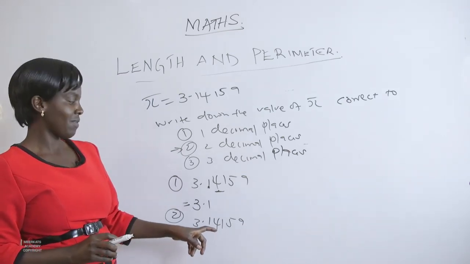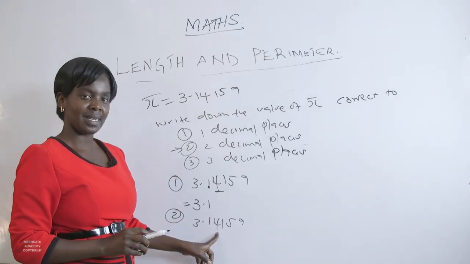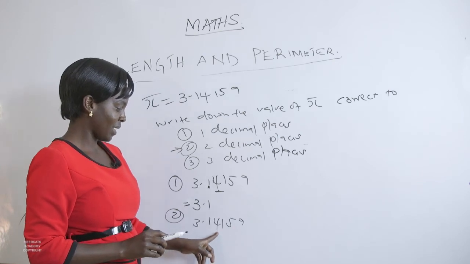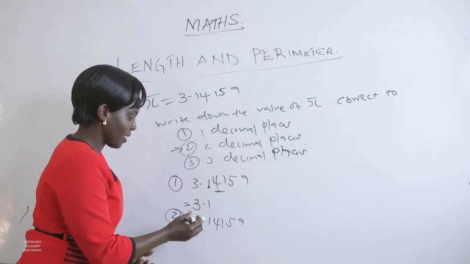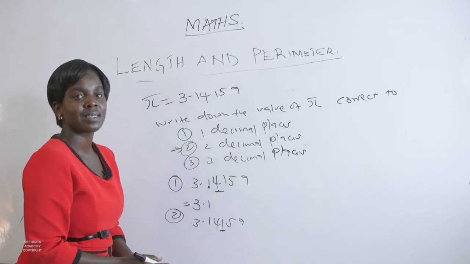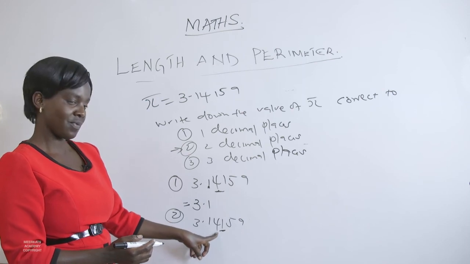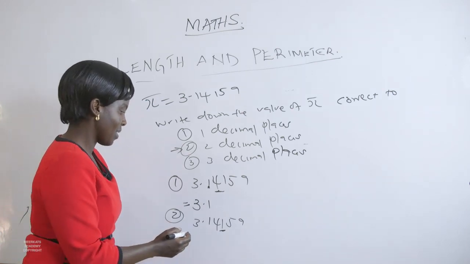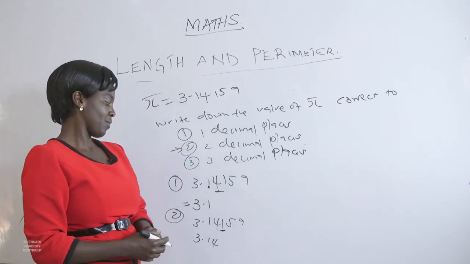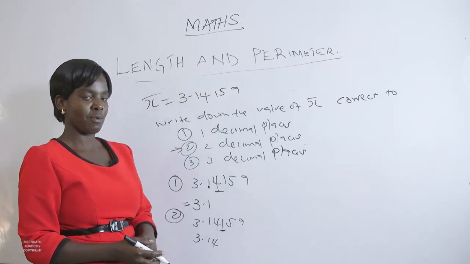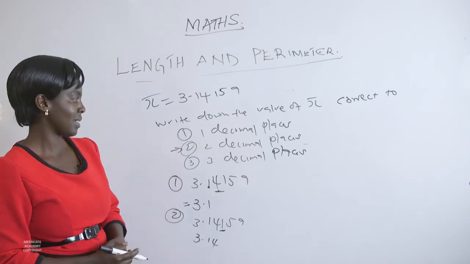If it is more than 5, we take 1 and add it to the second decimal value. But if it is not, then we leave it at that. So our next value after the second decimal is 1, which is less than 5. So our answer then will be 3.14.